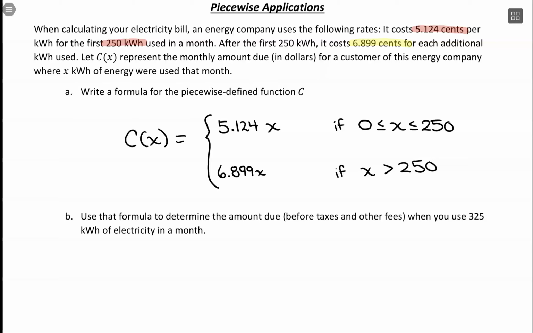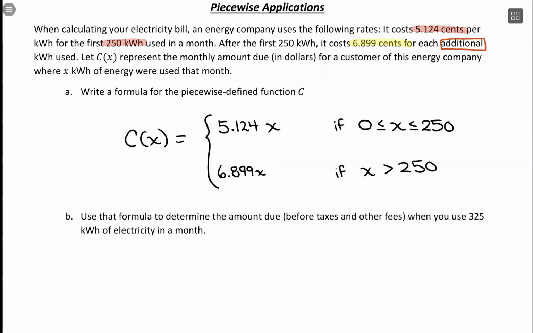And why is that? Because that's not the cost for the first 250. This is if we're going beyond that 250. So this is for the additional. What we have is kind of this base cost. If you've used over 250, you have this 5.124 times those first 250 kilowatt hours. And then beyond that, you're adding on this 6.899 for each extra one.